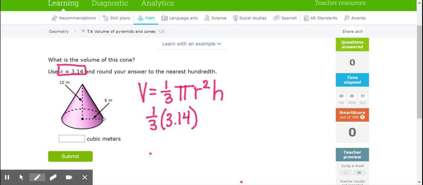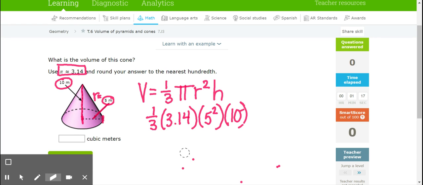They have given me my r because it goes from edge to center of the circle, and that value is 5. So my radius is 5. Right here where it has r squared, I'm going to substitute in 5 squared. My height, just like with a pyramid, goes from the base to the top point, so my height for this problem is going to be 10.